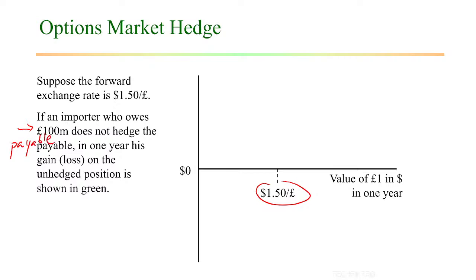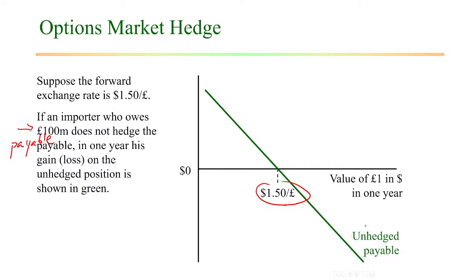If you do not hedge, then you have to pay this pound. So if it goes up, you are going to lose, because you are going to pay more dollars. If it goes down, then you have a gain.